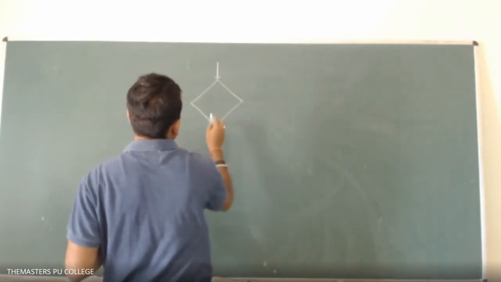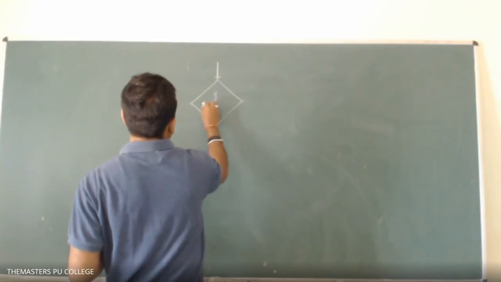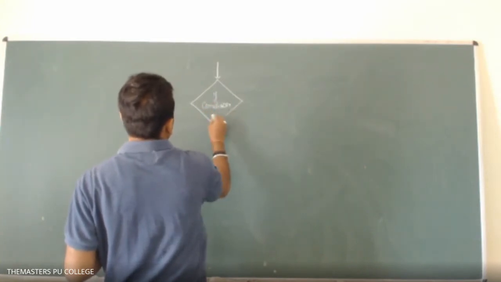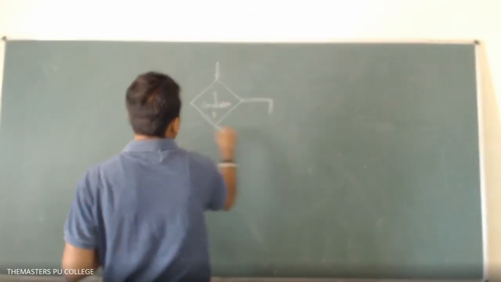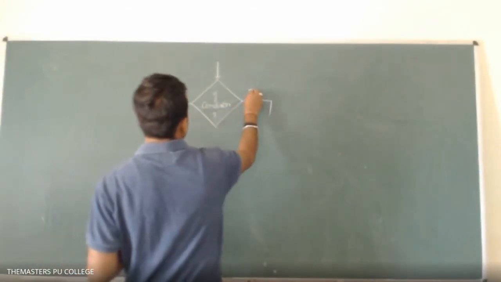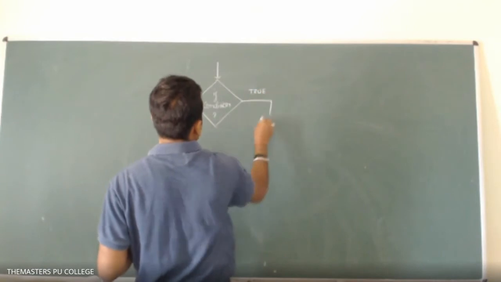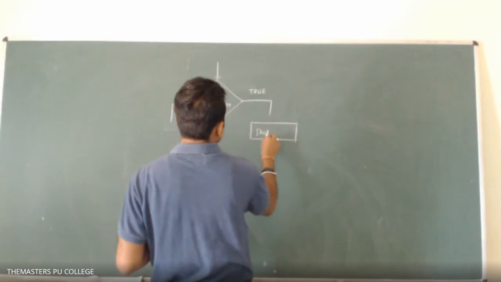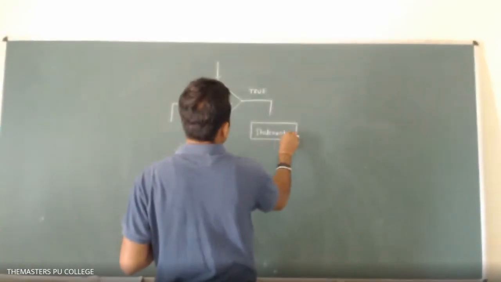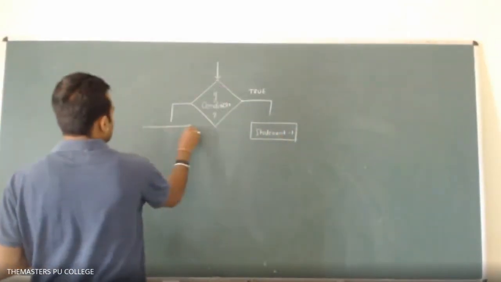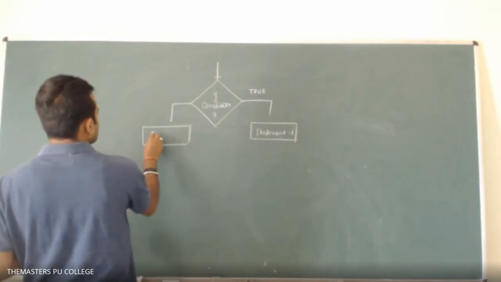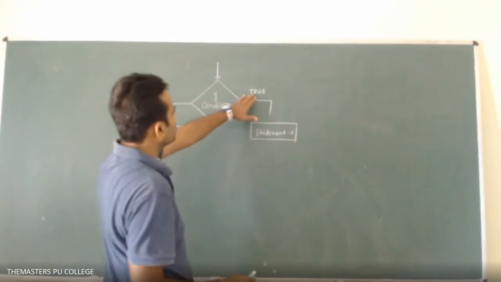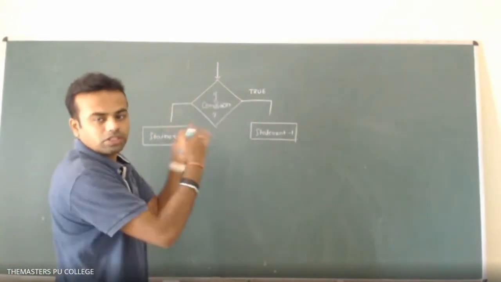If the condition is true, statement 1 will be executed. If it is false, statement 2 will be executed. That's it. Either you can write true here or here, you can shuffle, no problem.